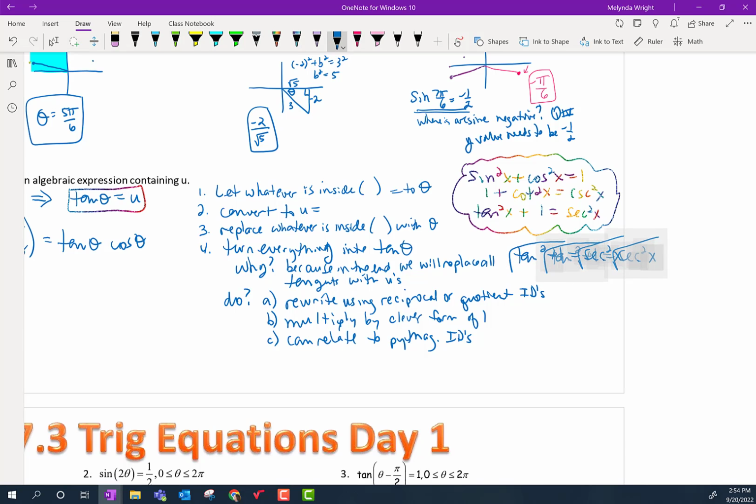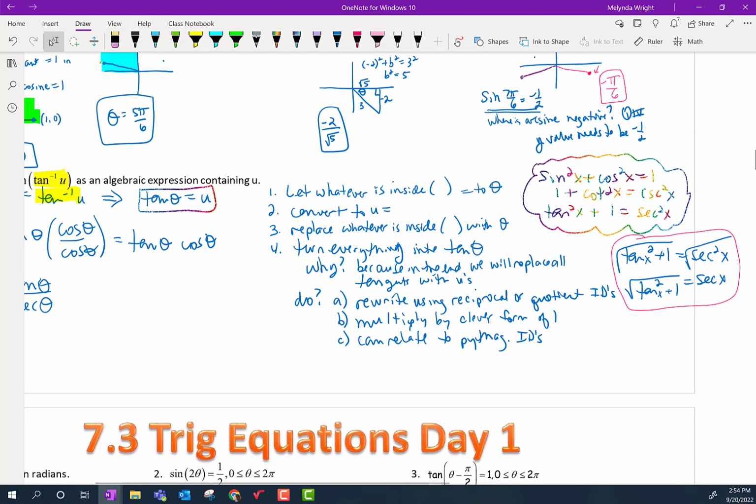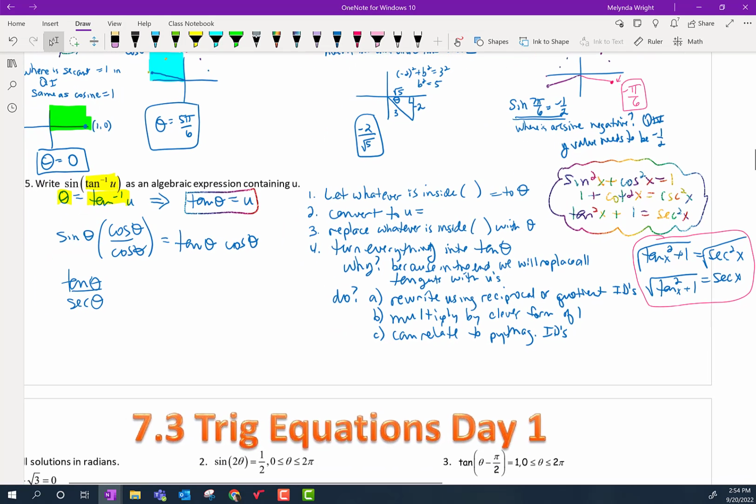Okay, so this is how we utilize the Pythagorean identities. Secant is going to be the same as the square root of tangent squared plus 1. So what I'm going to do is replace.